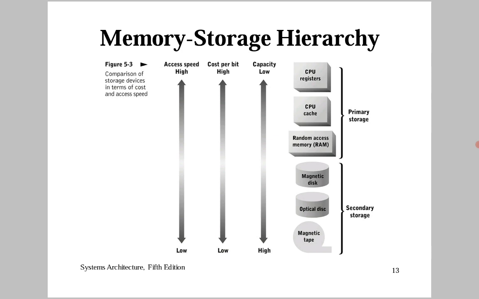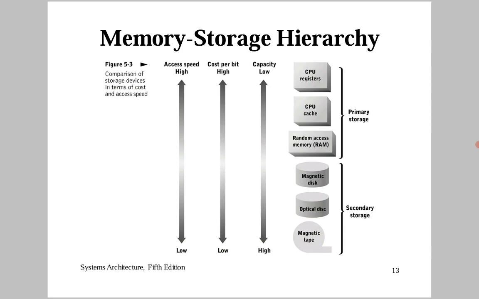In the primary storages, from RAM to CPU, capacity decreases. As per cost, generally the cost of the CPU registers is very high compared to RAM. Similarly, access speed is very high for CPU registers compared with RAM.